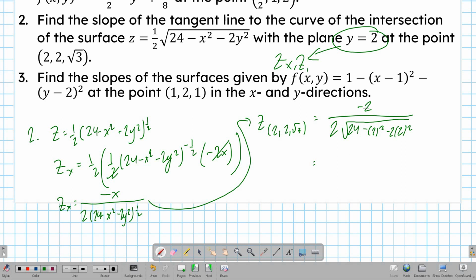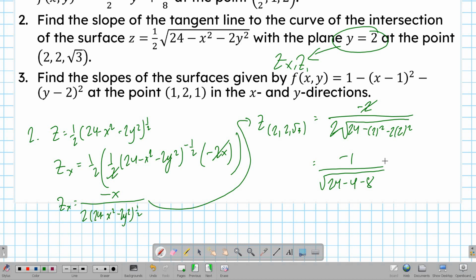This actually simplifies, so this gets cancelled out. So I'm going to have negative 1 over the square root of 24 minus 4 minus 8.